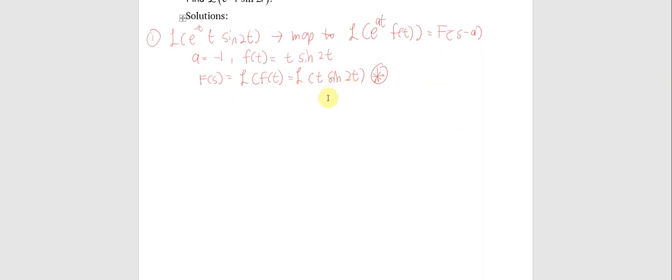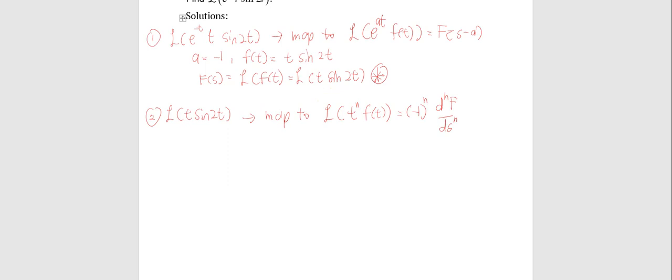So the second step is for you to find the Laplace transform of t sin 2t. The Laplace transform of t sin 2t can be mapped to the Laplace transform of t^n f(t) equals (-1)^n d^n F over ds^n.